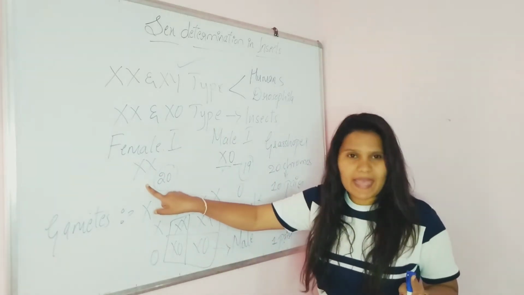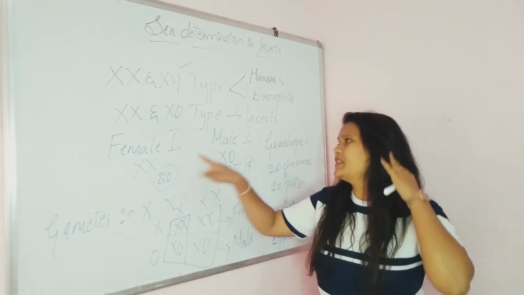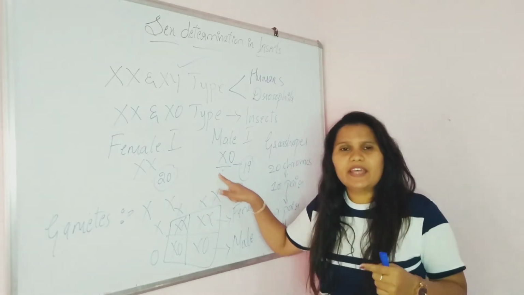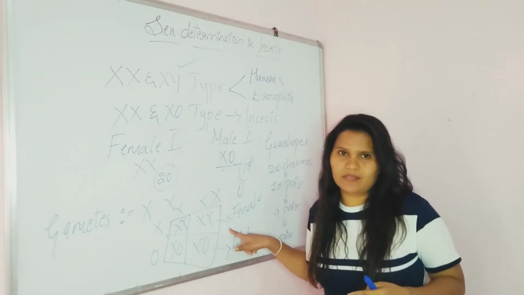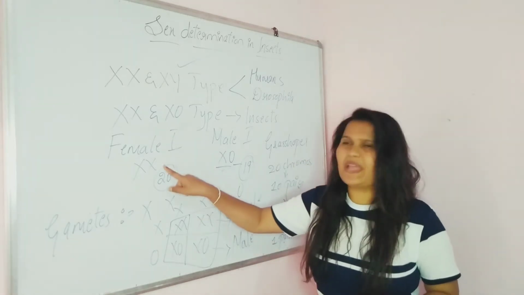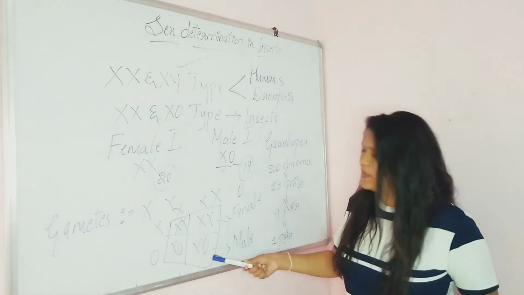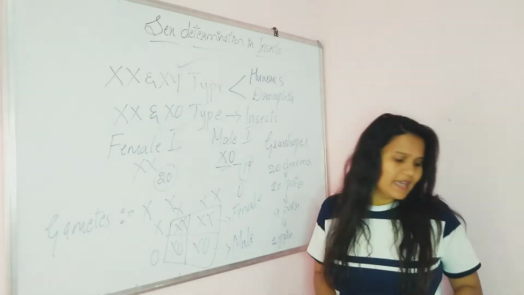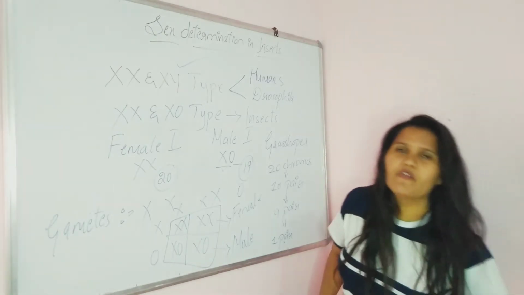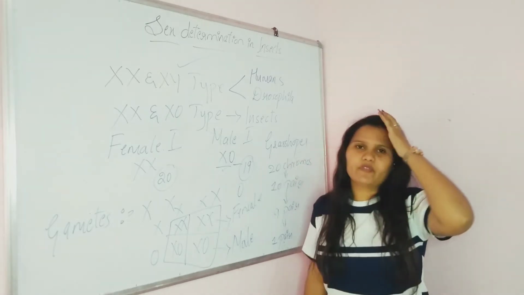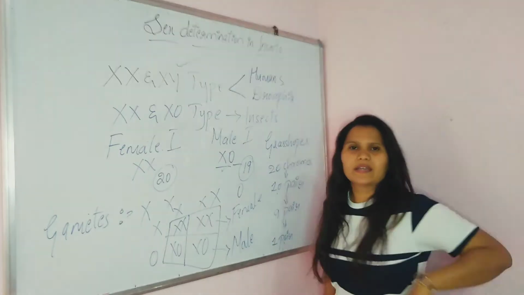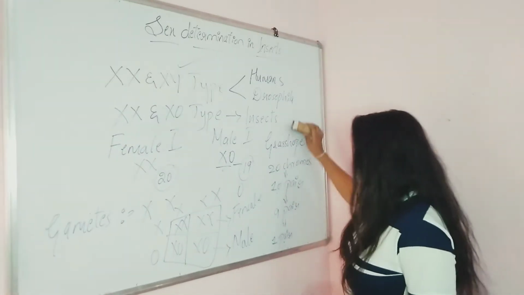If the female X gets fused with the male X, female insects will be produced. If the female X gets fused with the 0, meaning nothing, male insects will be produced. So this is how we determine the sex in insects, and an example is the grasshopper. Okay, that's good.